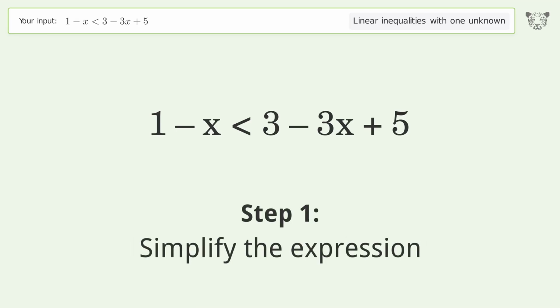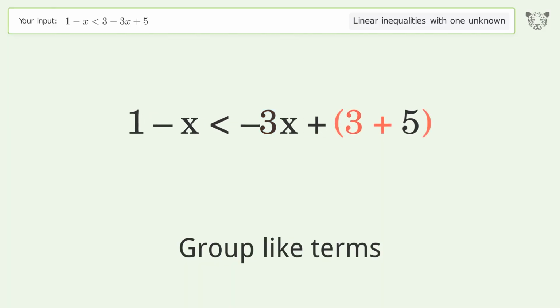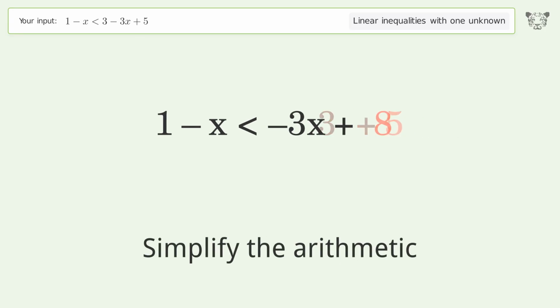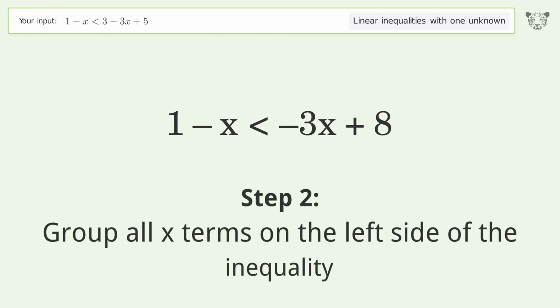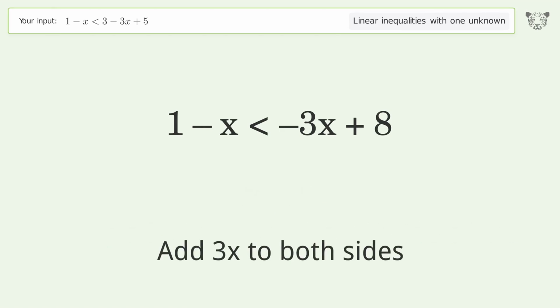Simplify the expression. Group like terms. Simplify the arithmetic. Group all x terms on the left side of the inequality. Add 3x to both sides.